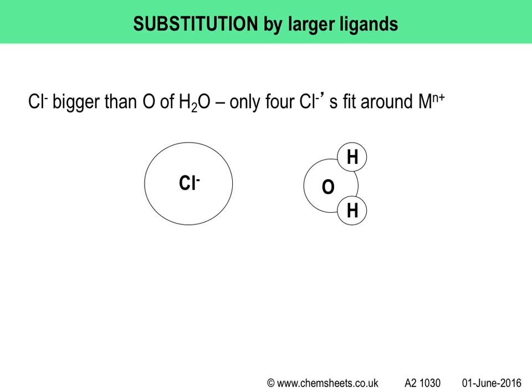If we have a ligand substitution with chloride ions, so say replacing water molecules, these chloride ions are much larger, and you can't fit 6 around the central metal ion. The maximum you can fit is 4, and with most metal ions that would result in a tetrahedral shape. So we'd be changing from an octahedral to a tetrahedral shape.